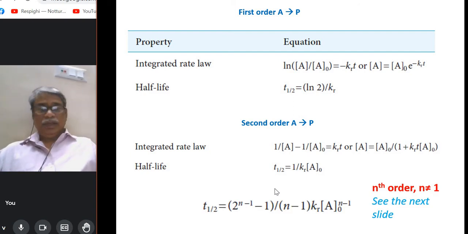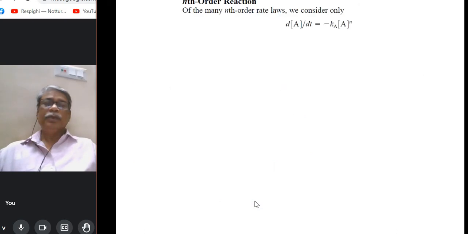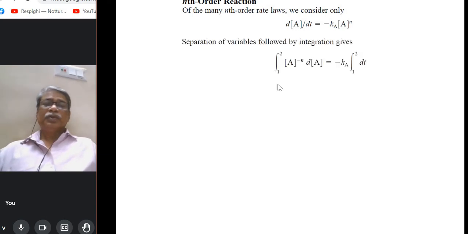Now in general, if you are interested in a general nth order, then what would be the expression of the integrated rate law or the t half? The answer for t half is given here, but let us look at it more carefully. So nth order reaction, so it is A to the power n. Now separation of variables followed by integration gives you this equation. Please do it on your own copy later on.